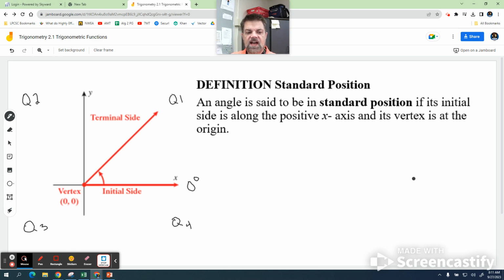But this first side here, we always call this the initial side. That's where we start measuring the angle, right? The angle is how far we swing around. Also, when we swing around this way, which is counterclockwise, that is a positive angle.